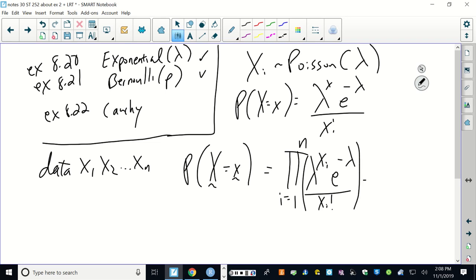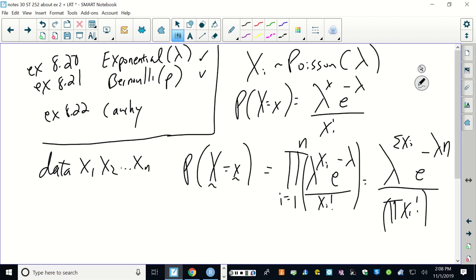As we combine these, there's a lambda to the sum of xi, e to the negative n lambda, and then the product of the xi factorials. And so that's the joint distribution.